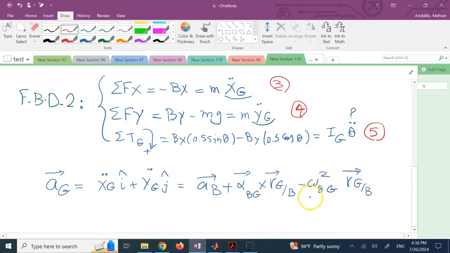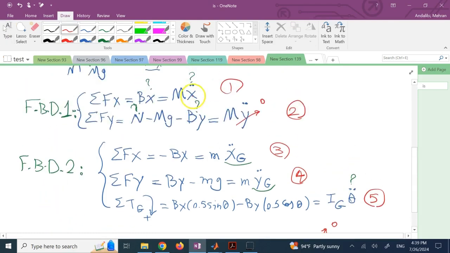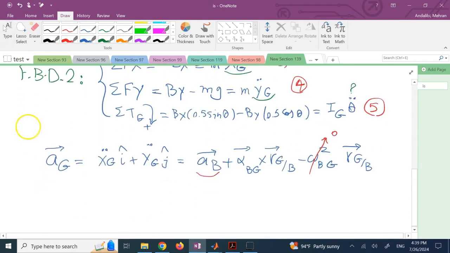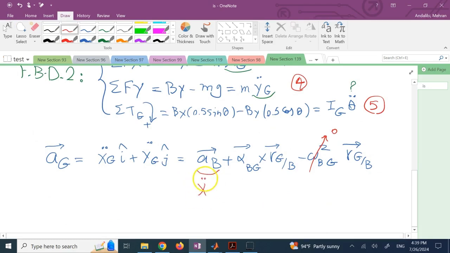Now at the moment, the member is starting from rest, so that is 0. A of b is clearly what?